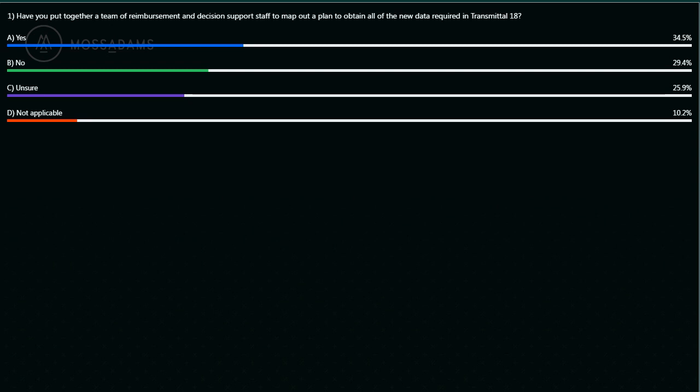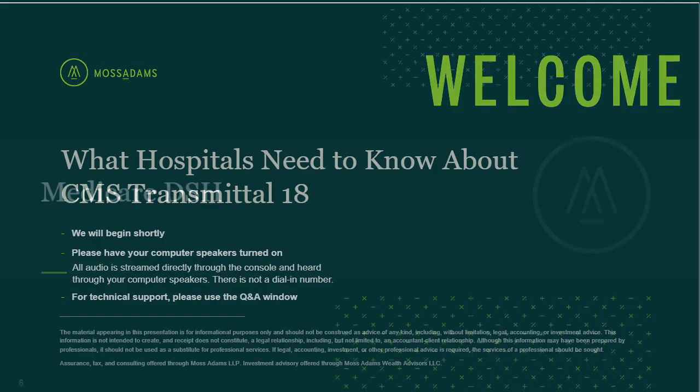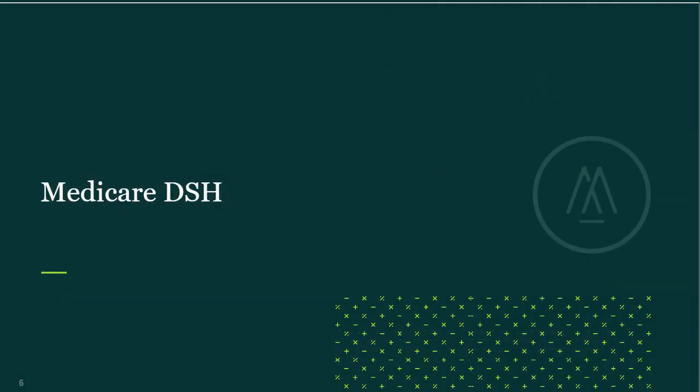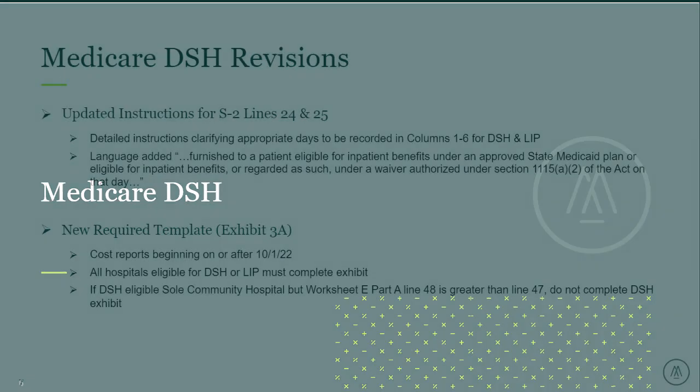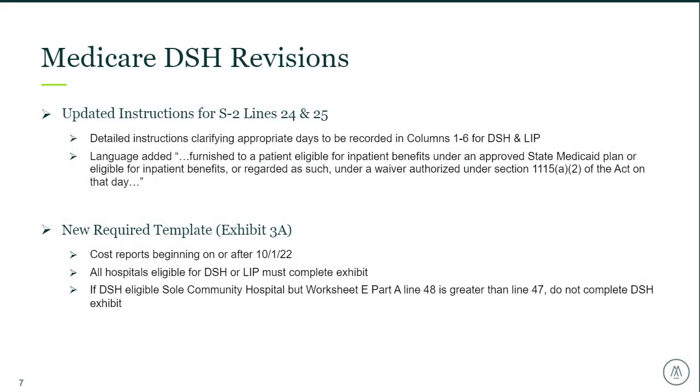All right, thanks, Mike. So I wanted to start out discussing the Medicare DISH revisions in Transmittal 18. Before we get to the new required template, I wanted to first mention some updates to S2 lines 24 and 25, columns 1 through 6. Before, these were very short instructions regarding where to populate in-state, out-of-state paid, and unpaid days, along with HMO and L&D days.